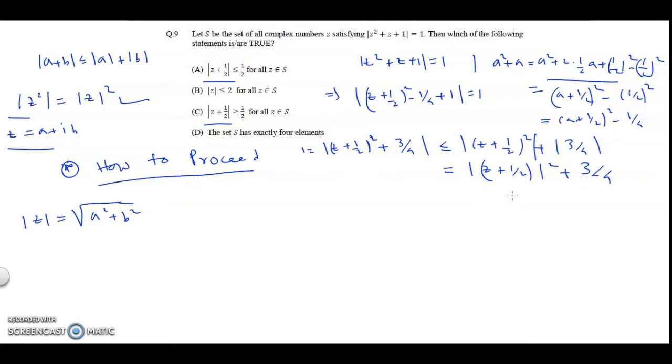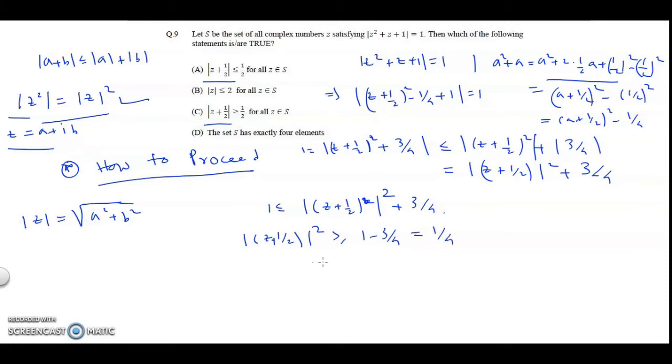So from this we have 1 is less than or equal to modulus of z plus half whole square, as I am taking the square outside, plus 3 by 4. So we have modulus of z plus half square is greater than or equal to 1 minus 3 by 4, which is nothing but 1 by 4.